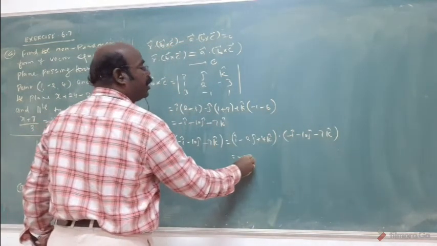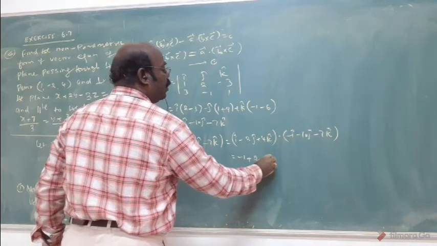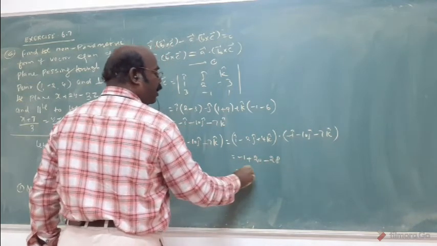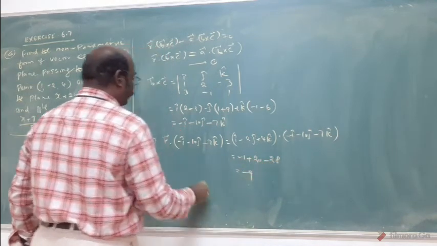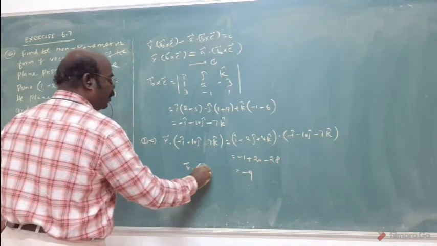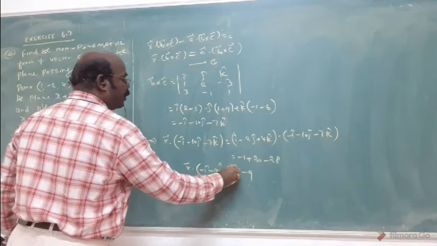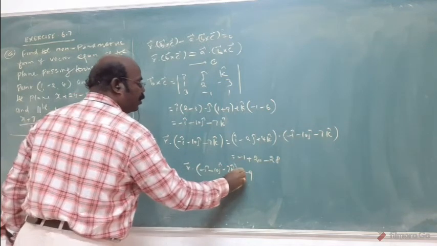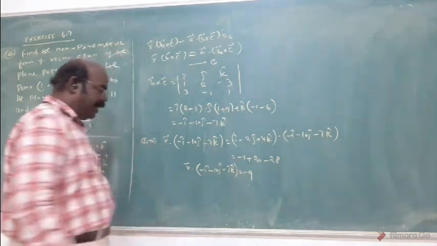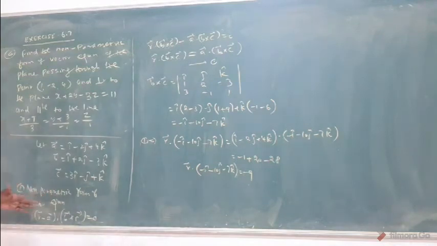Let's simplify: minus 1 plus 20 minus 28. What is the answer? Minus 9. Here r dot the vector equals minus 9, which is the non-parametric form of the vector equation.